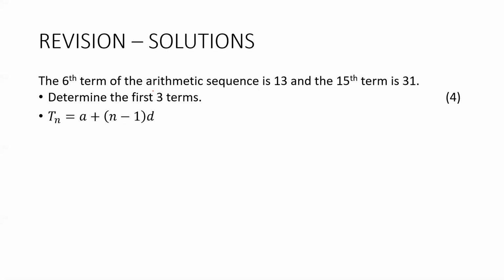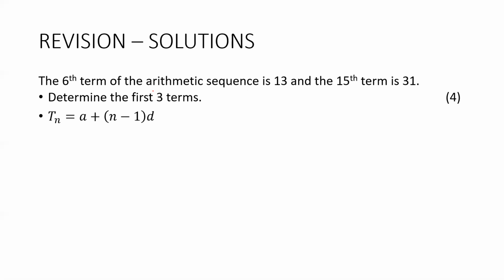But there's a problem with this question. We don't have the first term and we don't have the common difference. So it makes it very difficult for us to find any term because we do not have the general term. Do you agree with me? Yes.